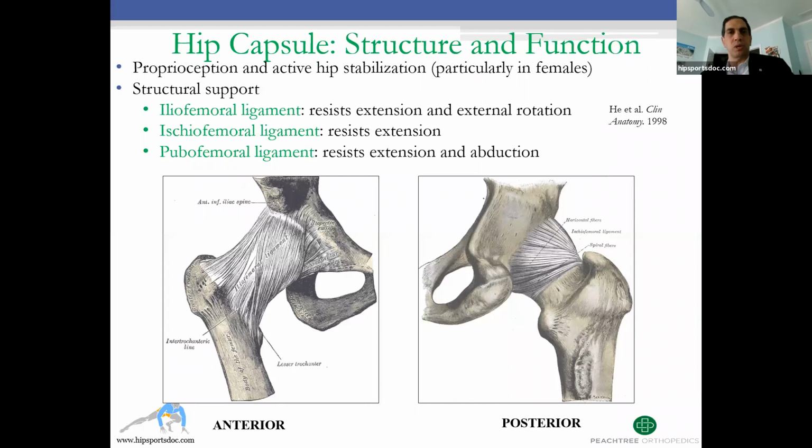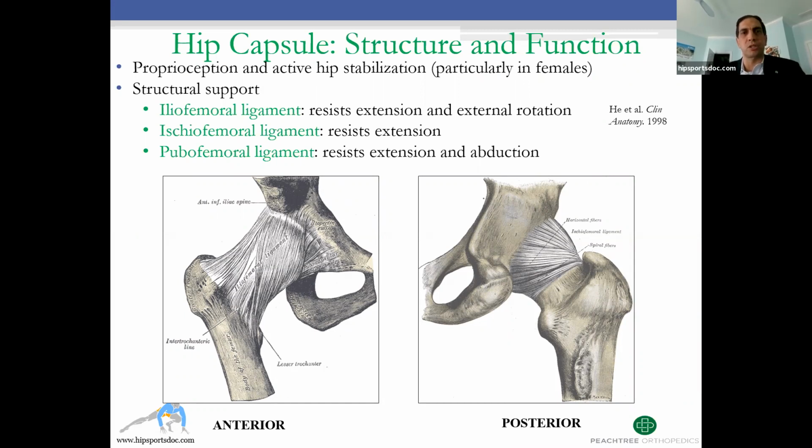The hip capsule, what is its structure and function? Well, it's involved with proprioception and active hip stabilization, and it is a structural support, with the iliofemoral ligament of the three ligaments noted here being the most important. It's up to a quarter of an inch thick, and it resists extension and external rotation.